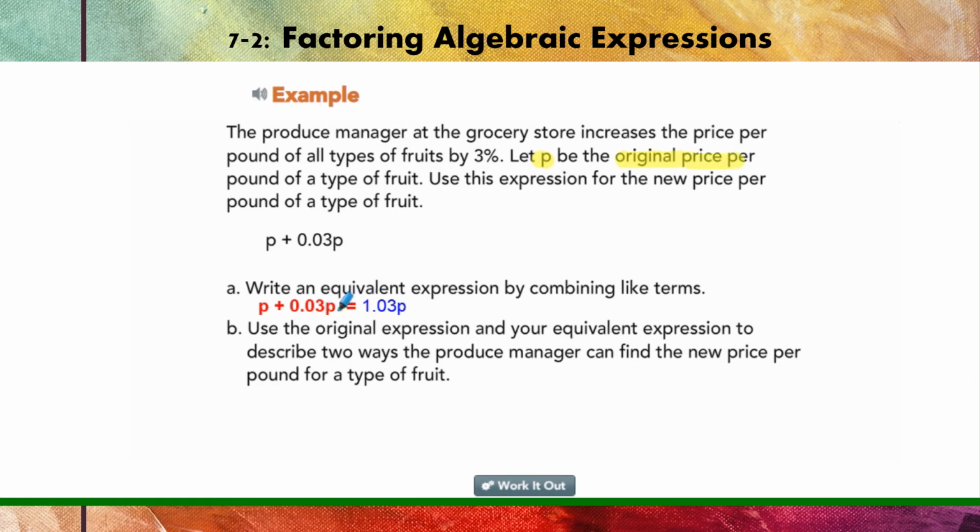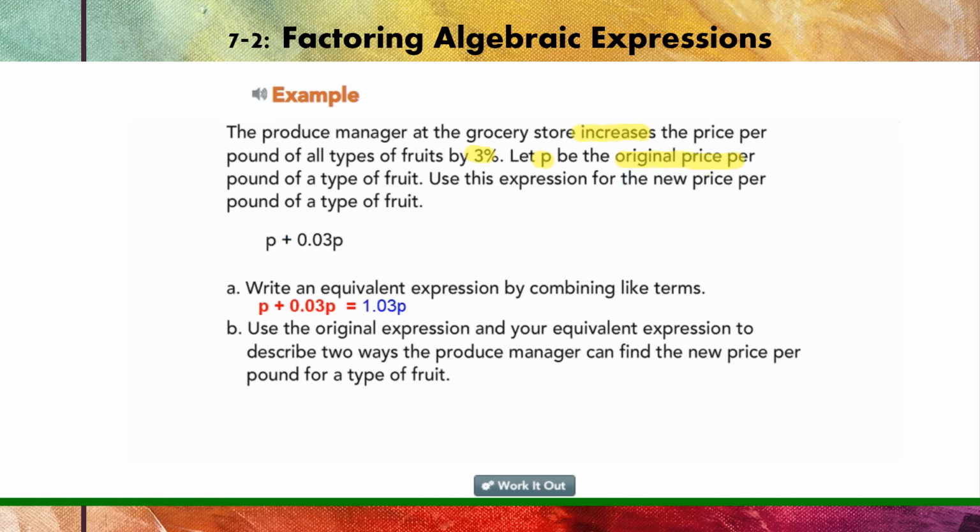Now the 3/100 P, if we know what the 3/100 is, this is the 3%. We know all the fruit was marked up or increased 3%. Now the P, again, that represents the original price of the pounds of fruit.